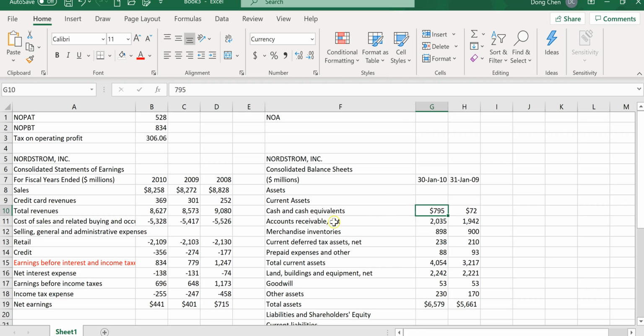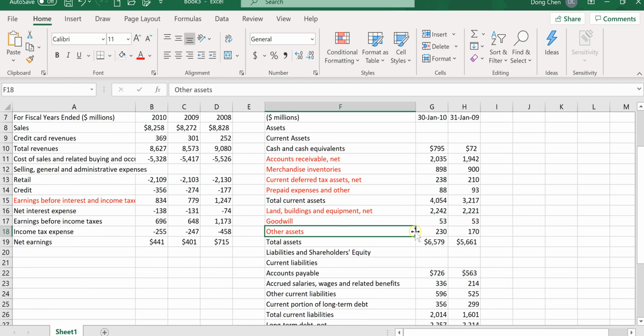Cash is here. And then we include accounts receivable, inventory, merchandise inventories, other current deferred tax assets, and prepaid expense. All these are part of the operating assets. And then land and buildings, net, goodwill, and other assets. All these are operating assets.